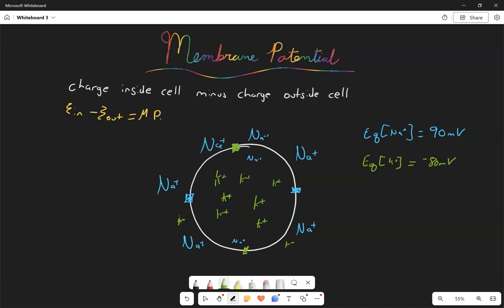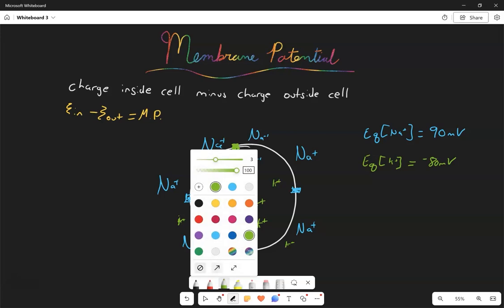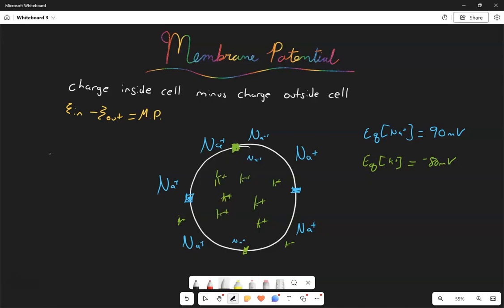With that, let's say that our current membrane potential is equal to 0 millivolts, no charge difference across the membrane.